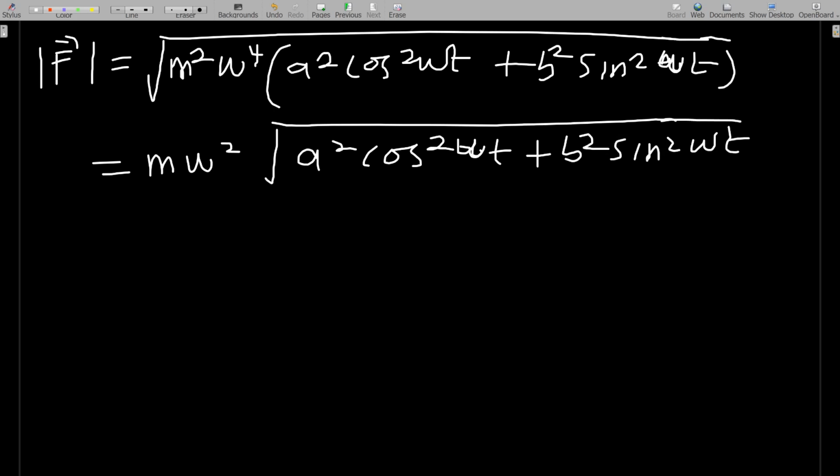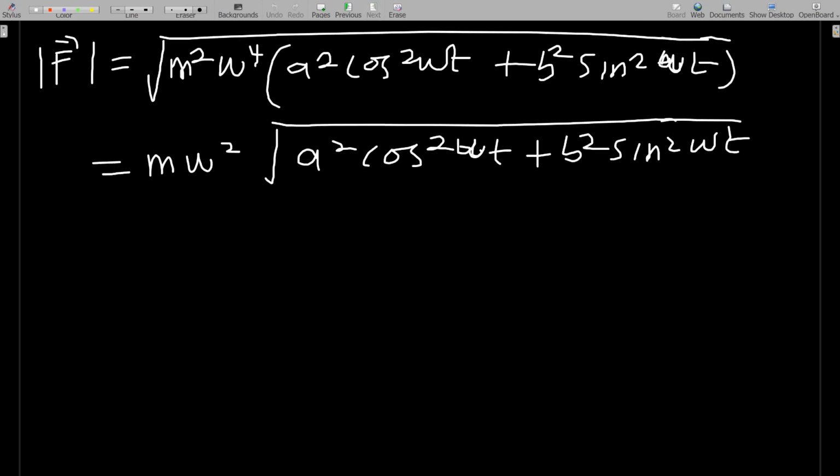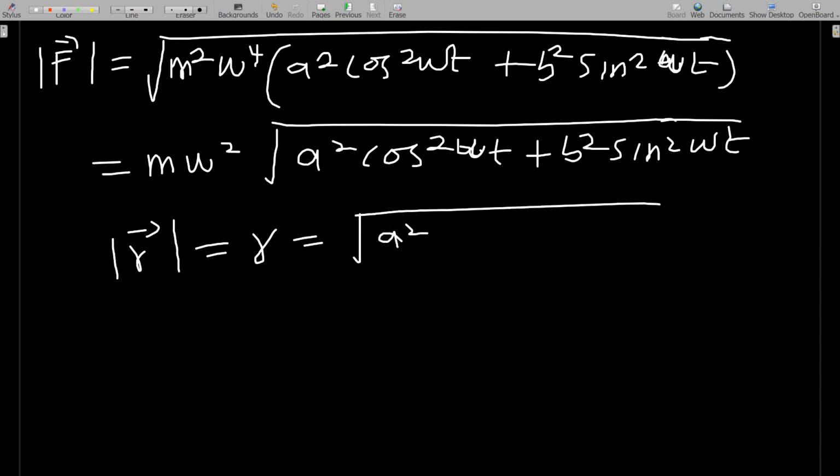So now let's go ahead and look at something. What is r? r is a cos omega t i plus b sine omega t j. Find the magnitude of r. The magnitude of r, we can rewrite as just r without the bar, and this is equal to the square root of a squared cos squared omega t plus b squared sine squared omega t.